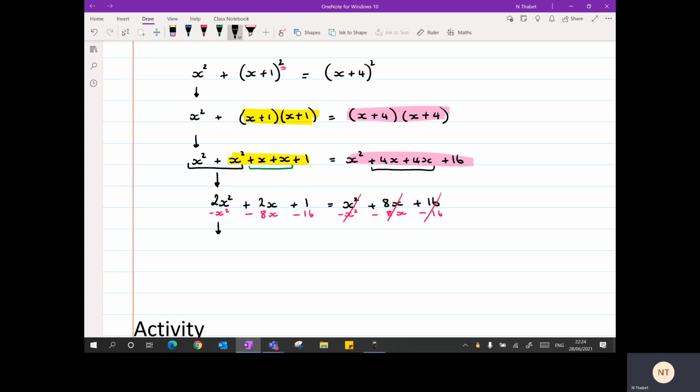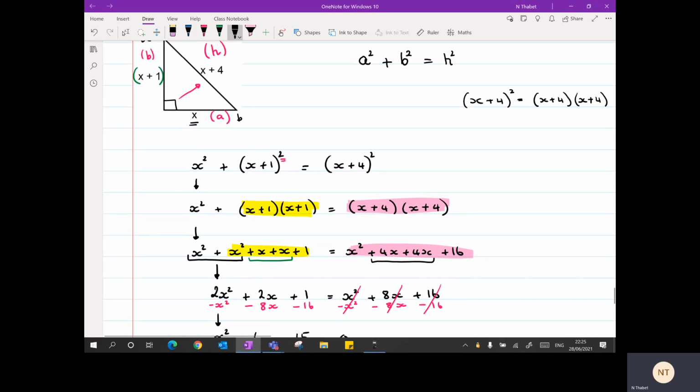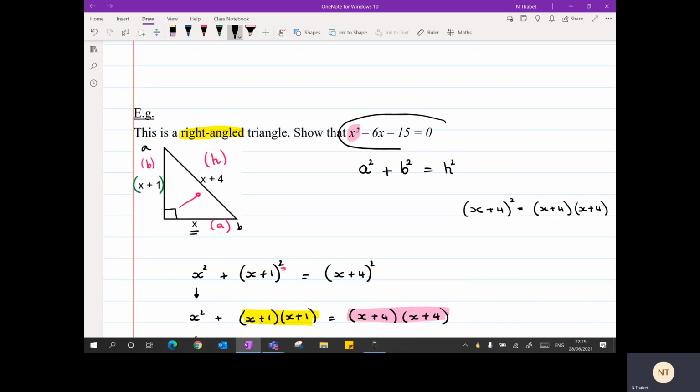2x squared minus 1x squared is 1x squared. 2 take away 8 is minus 6x. 1 take away 16 is minus 15 equals 0. And when I check, that's exactly the equation that they gave you. And again, part B could be to find the solutions, and part C could be to find the dimensions.